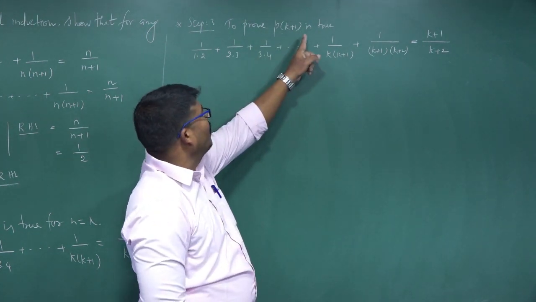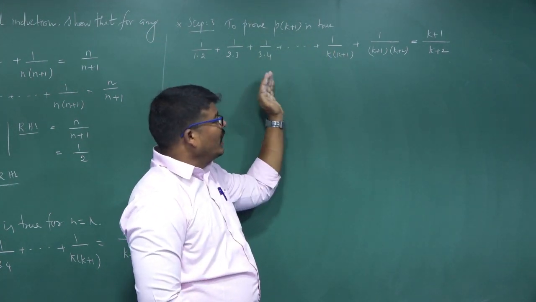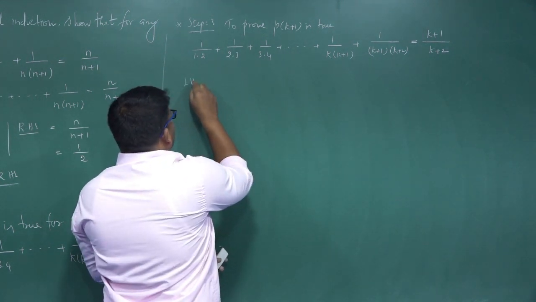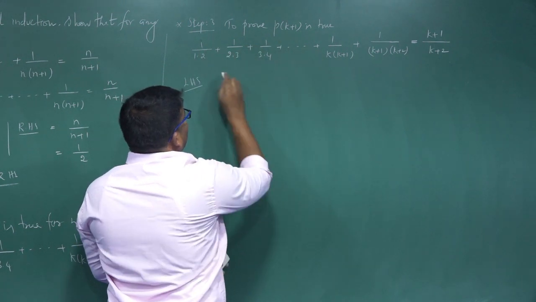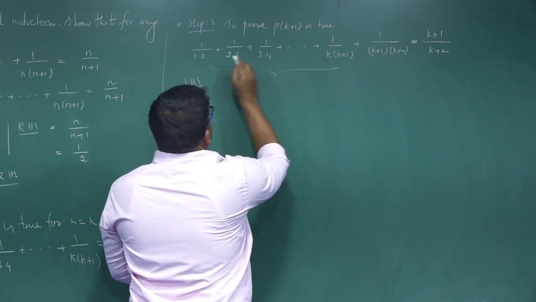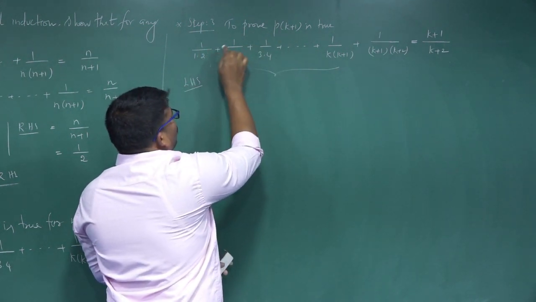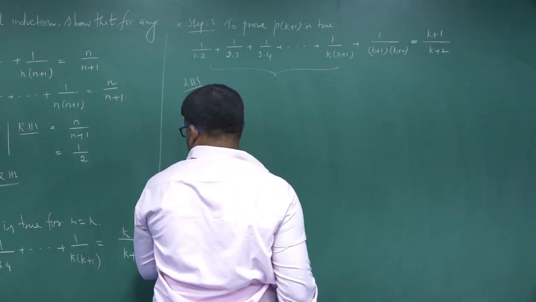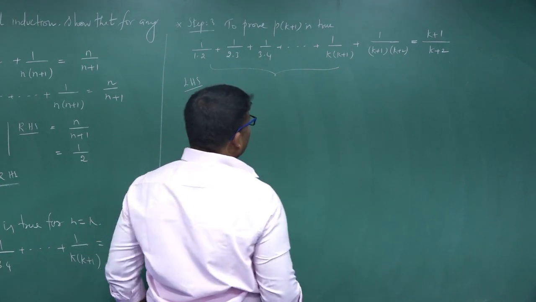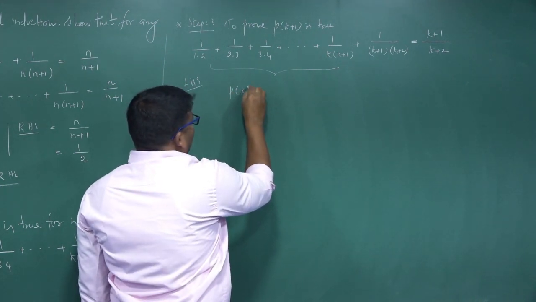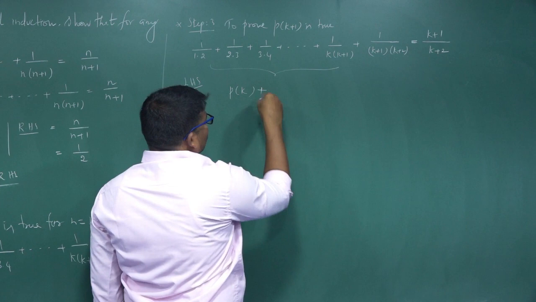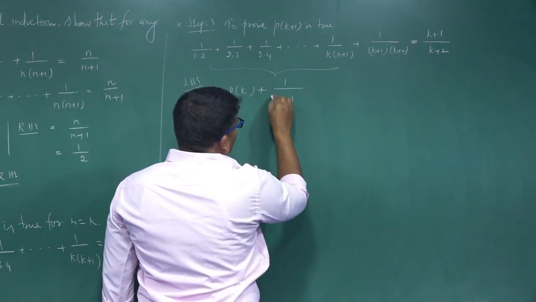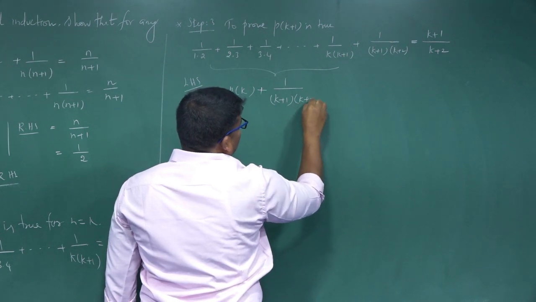To prove P of k plus 1 is true, we prove LHS equal to RHS. Taking the left hand side, LHS is this one. Now consider 1 by 1 into 2, 1 by 2 into 3 and so on up to 1 by k into k plus 1, which is P of k. Consider P of k plus this term 1 by k plus 1 into k plus 2.